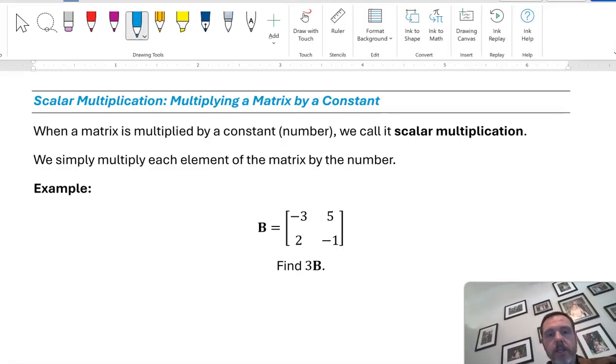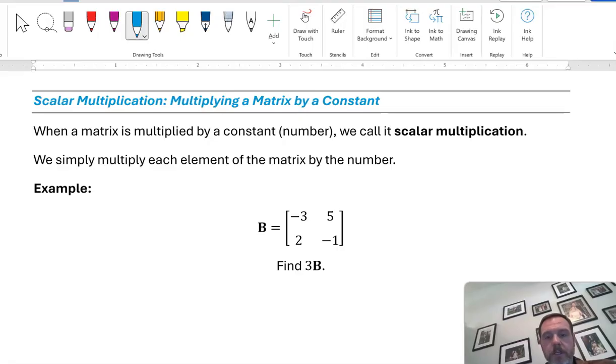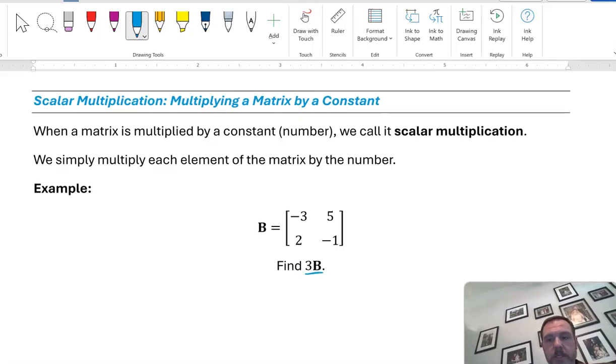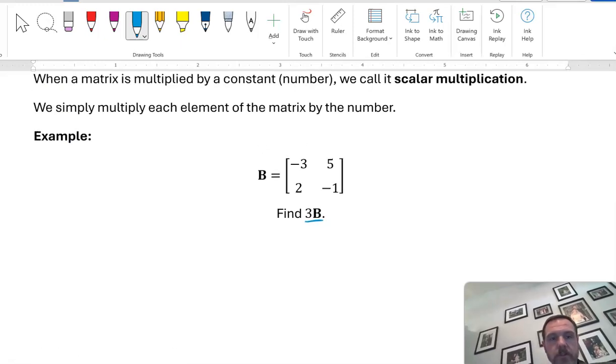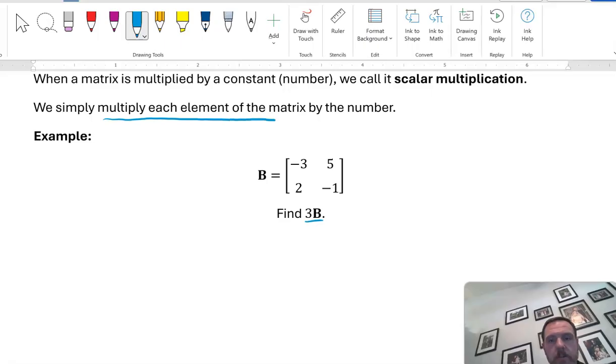We're going to multiply a matrix by just a constant number, a real number. So here's matrix B again, and let's find 3 times B. That's going to be easy because we simply multiply each element of the matrix by the number.